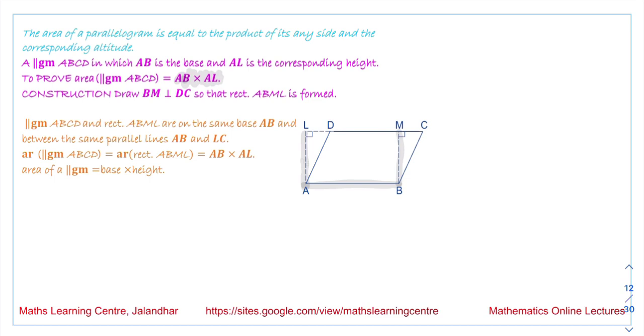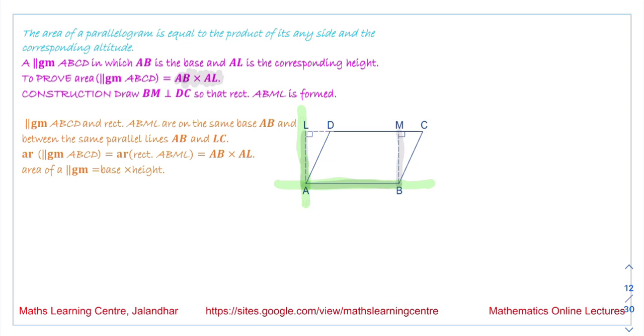To prove this, we are going to draw BM. We are considering that AB is the base and AL is the altitude. Now we do the construction: BM is perpendicular to DC, so that ABML is a rectangle.